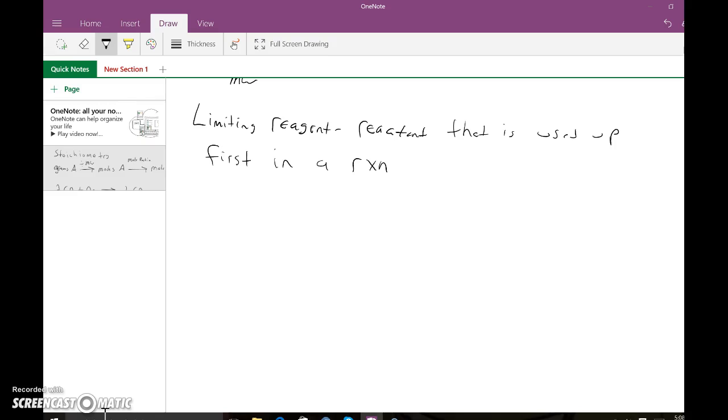But okay, so let's look at a different example. So we've got, let's do, okay, so how about, let's do NaCl plus NH3 plus CO plus H2O goes to NaHCO3 and NH4Cl.